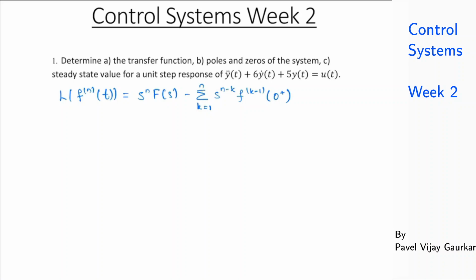So the governing equation is given here as y double dot of t plus 6 y dot of t plus 5y equals u of t.